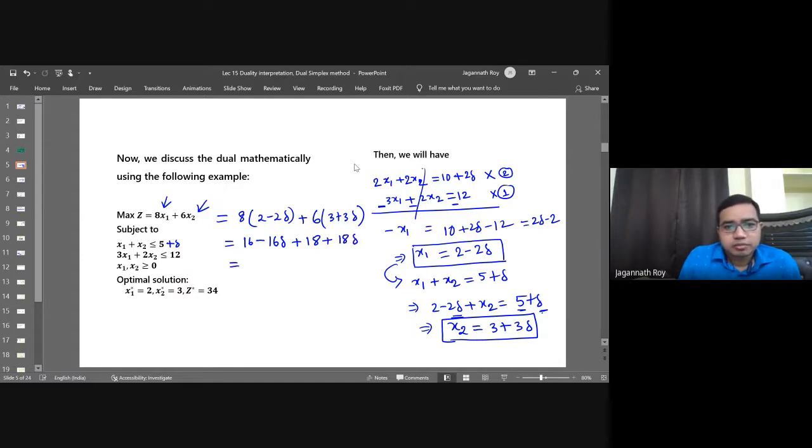So this will become 34 minus, not minus, this is plus 2 delta. So now we can see that our z becoming this value.